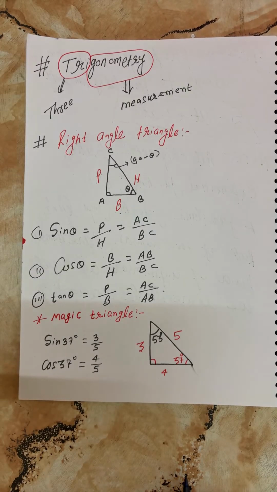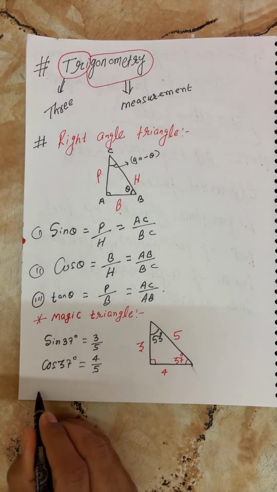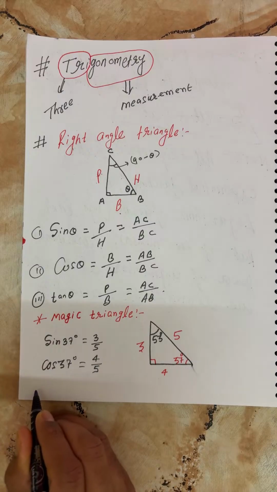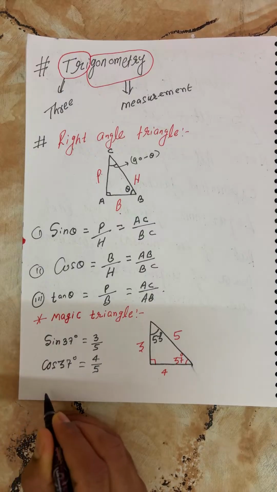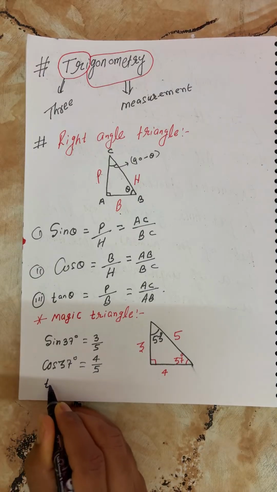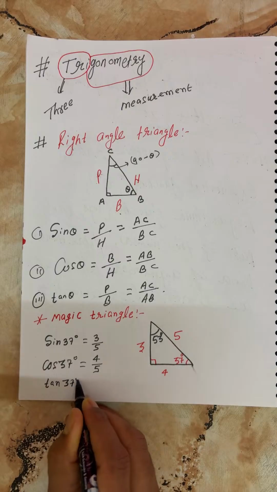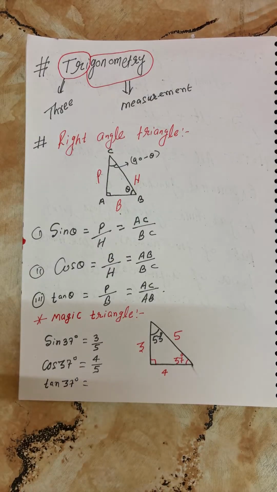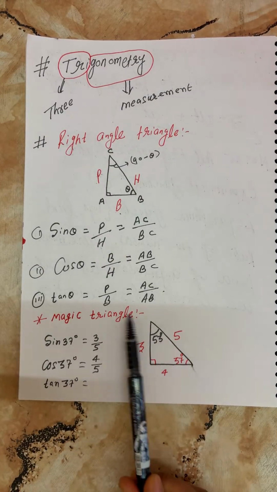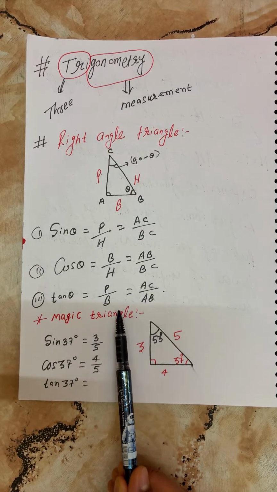Okay. Next, kids, tell me everyone, what is tan 37? What is tan theta, my kids? Perpendicular by base.